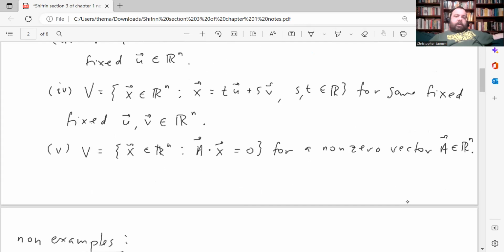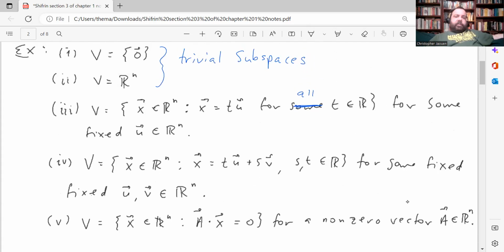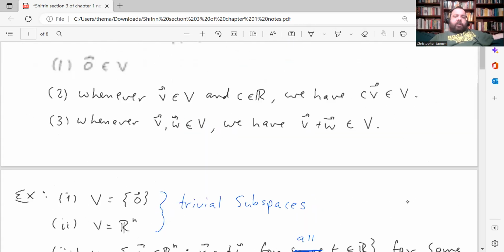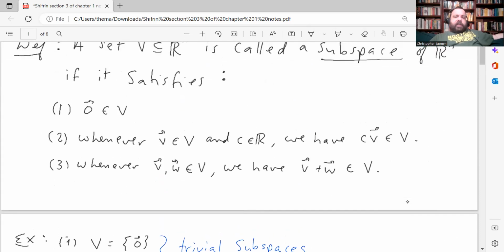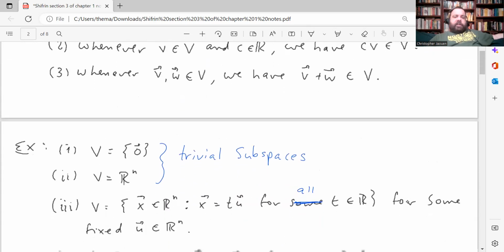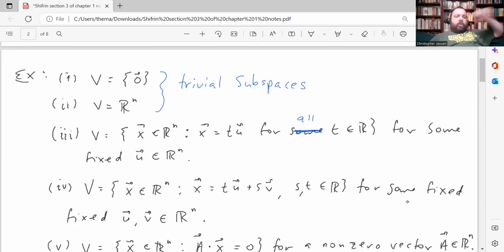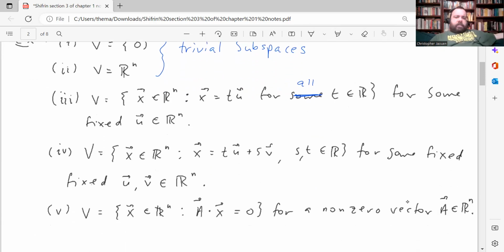These are examples of subspaces. We can prove that they are by showing that they satisfy these three properties. I won't do all of them, but maybe I'll do number 5, just because it's the last one. But you can show that all of these satisfy those three properties.